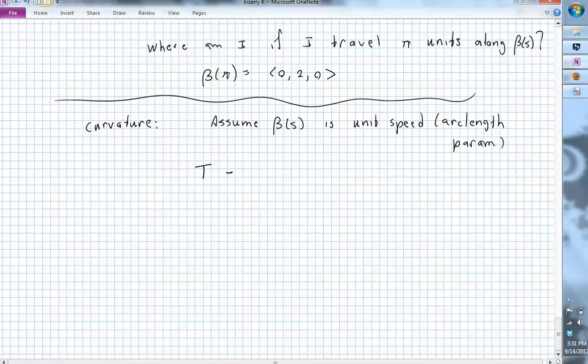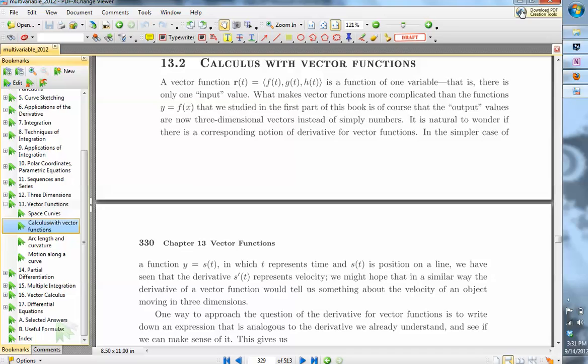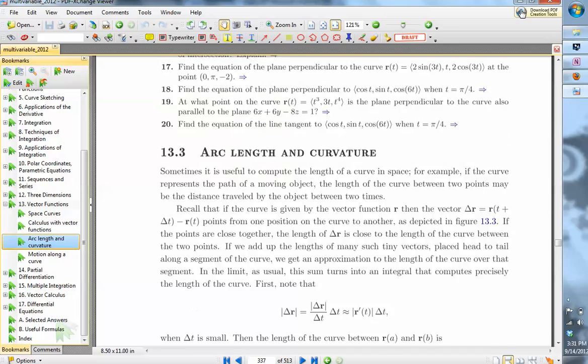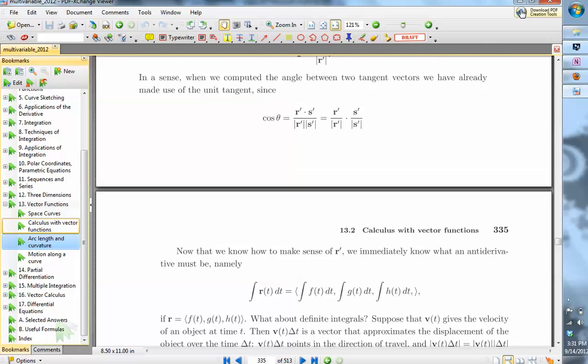What's T? If I have beta and I want to find T, how do I find it? Yep, it's in here somewhere.